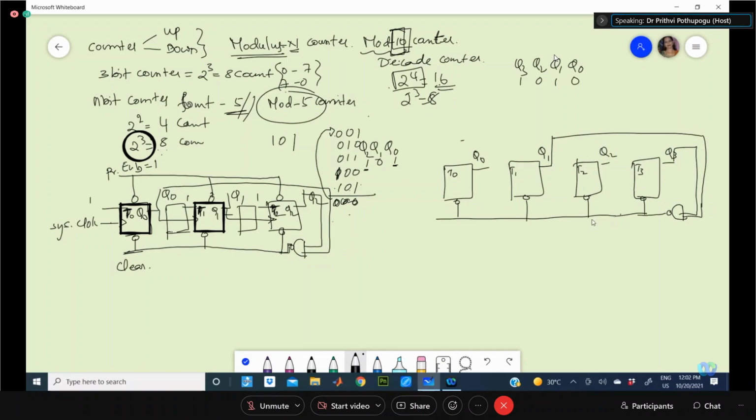When the combination is 1010, it will clear. That means your counter starting from a count of 00 will go till 10, and then it will reset back to all zeros. This is a mod 10 or decade counter.